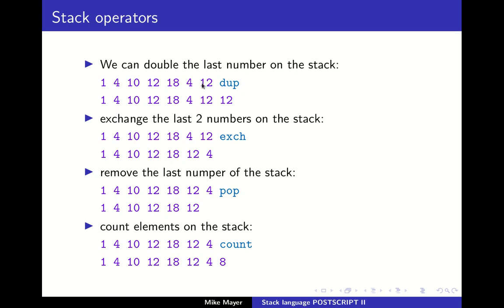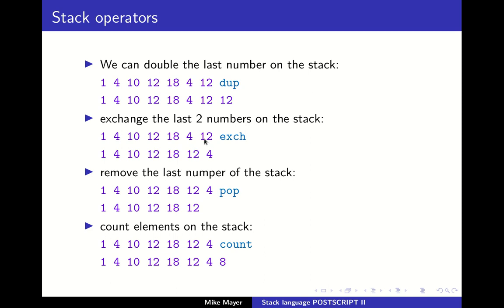We need to mention here a few instructions in PostScript that do stack operations. For example, we have this dup operation, and what this dup operation is doing is basically doubling the last item on the stack. So for example, if we have these numbers on the stack and the last one is a 12, the 12 is doubled. We can also exchange the last two numbers on the stack in PostScript.